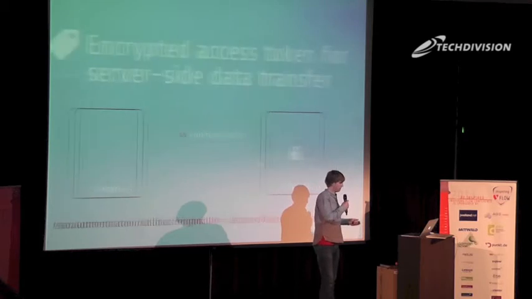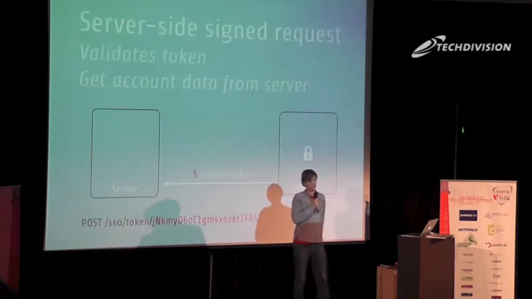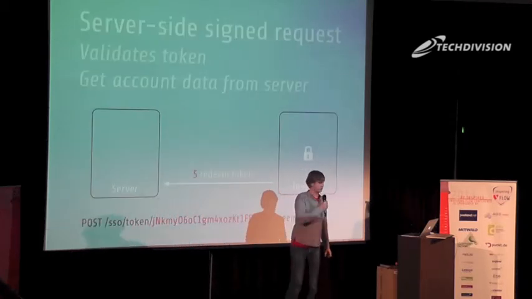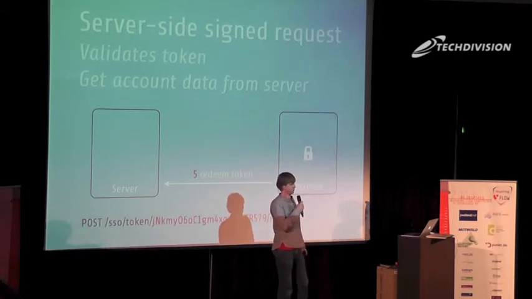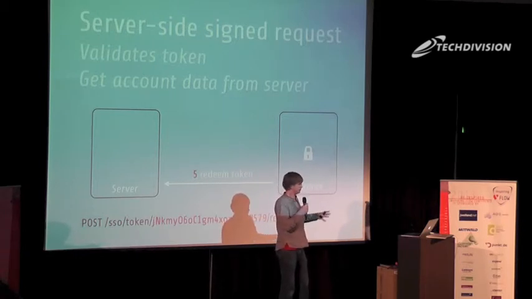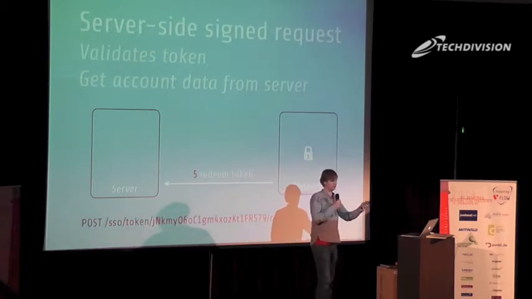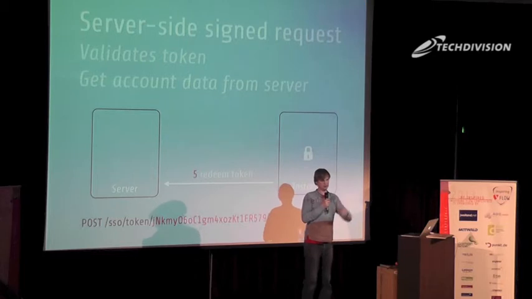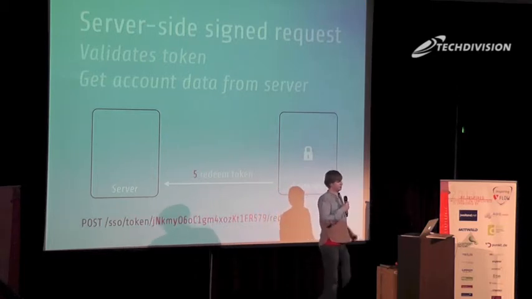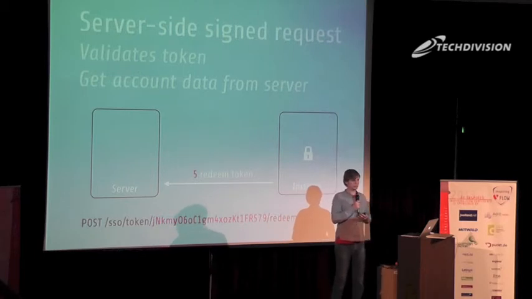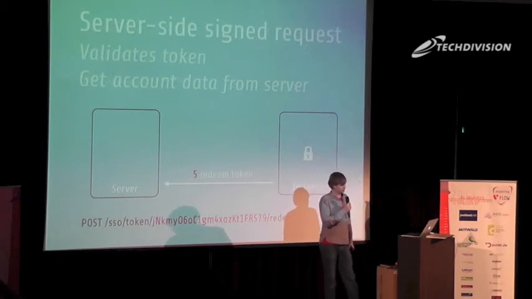And the next step, as Basti remembered, is doing a server-to-server call, and we call it redeem the token. So sending it to the server will look it up and delete it and send some account information back. This is needed because we need to transfer more information than would fit in a URL if we would encrypt it.